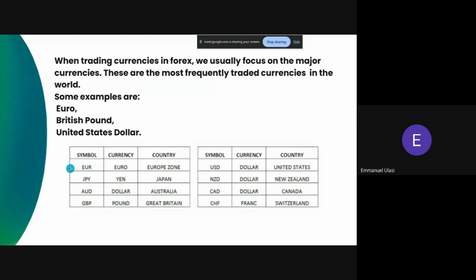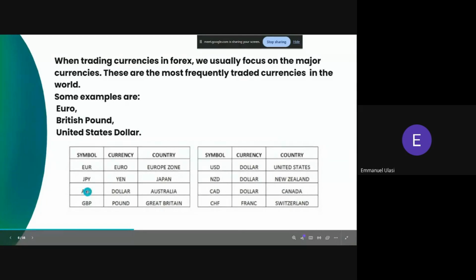Let's take, for instance, the euro, which is the currency used in the Eurozone, and the symbol is EUR. The Japanese yen is the currency used in Japan, and the symbol is JPY. The Australian dollar is the currency used in Australia, and the symbol is AUD, as you can see clearly here.